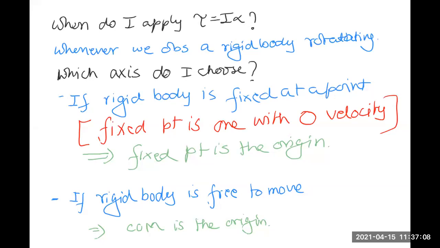Fixed point है, rigid body के ऊपर तो fixed point origin रहेगा, और अगर rigid body के ऊपर कोई point fix नहीं है, तो center of mass origin रहेगा. Please take a screenshot of this. And this.